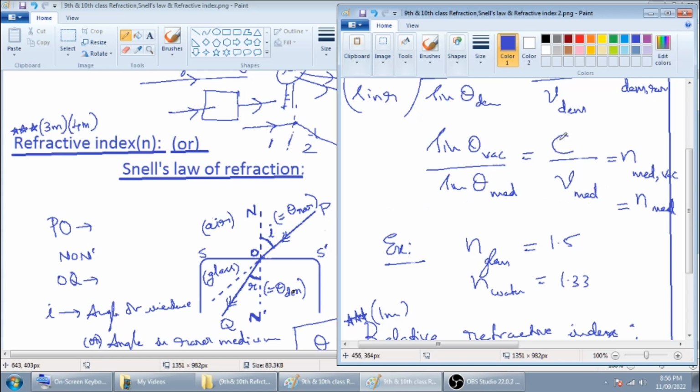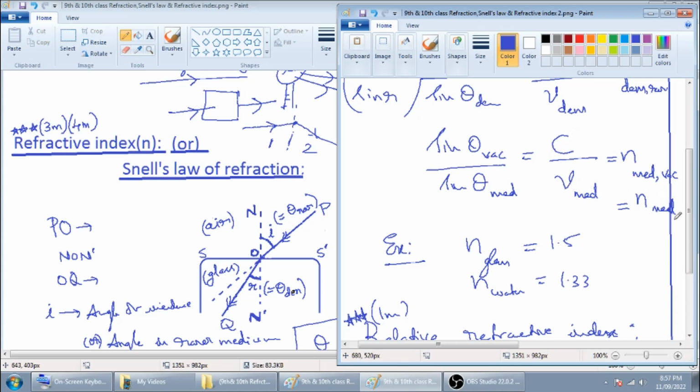The numerator is the velocity of light in vacuum, which we saw just 2 minutes back in the definition. When we are considering the absolute refractive index of any medium, C is a universal constant. The velocity of light in vacuum is constant and never changes.